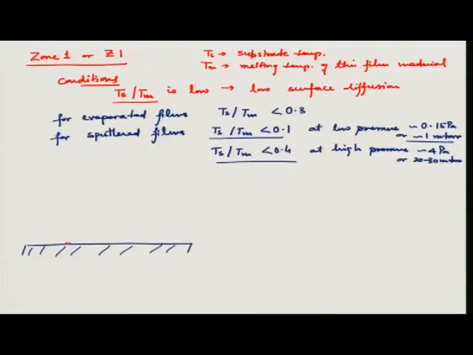What happens is that you start with small clusters and you keep on depositing on that, like this, and slowly you will have this kind of grains. I am just enhancing this, and you can have this kind of grain structure.